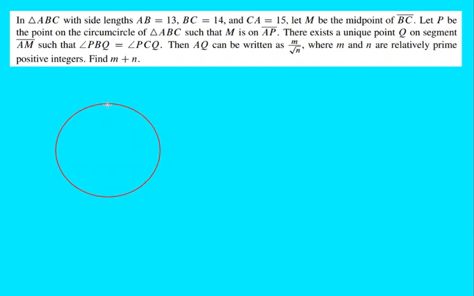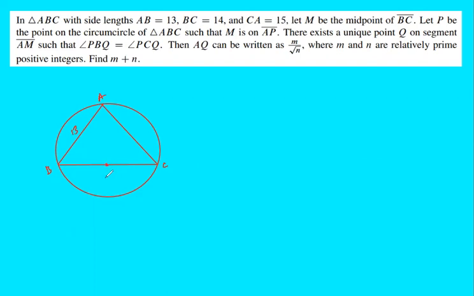So if I have a rough picture of ABC, it might be something like this. Okay, so let's say this is A, this is B, and this is C. So AB was 13, so that is 13. BC is, okay, this guy. But at the same time, we have a point M, which is the midpoint of BC.